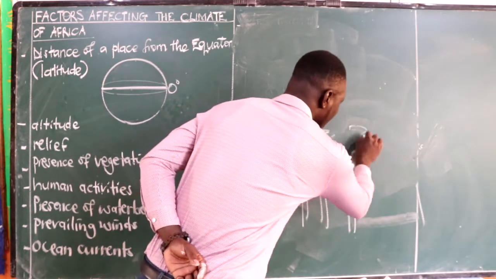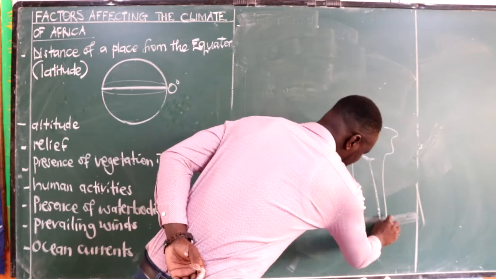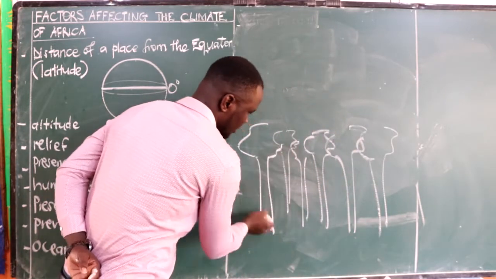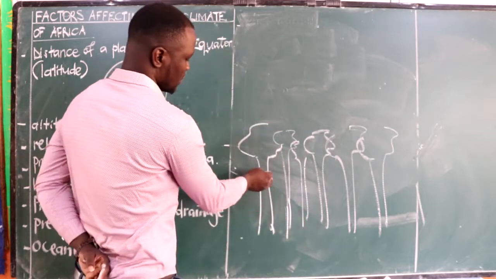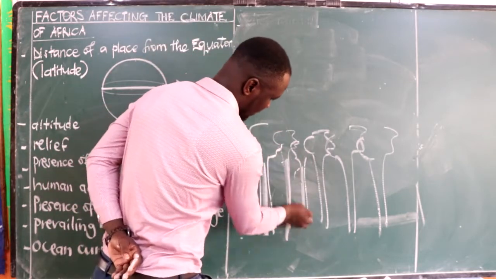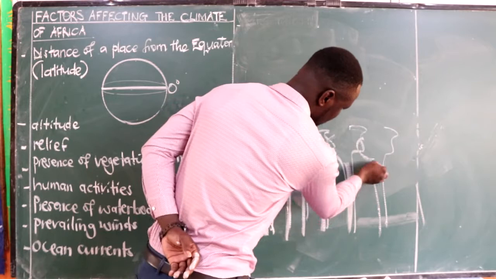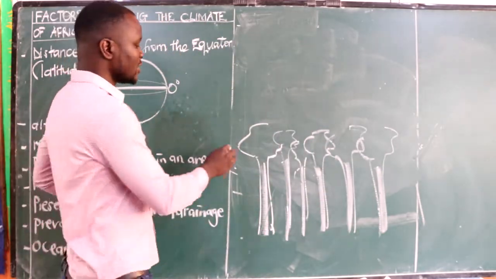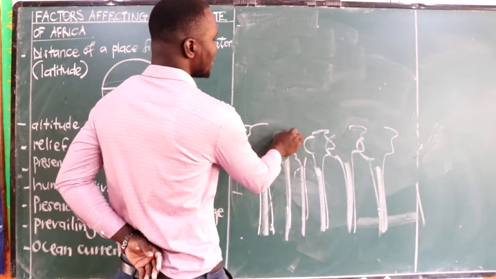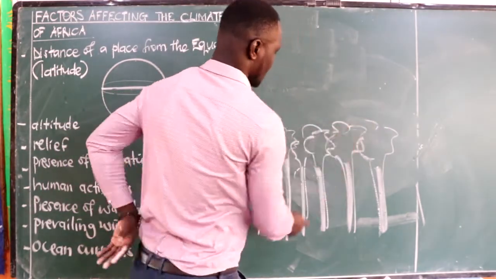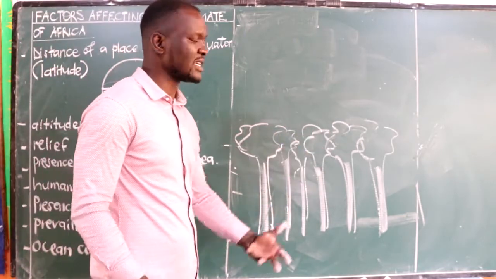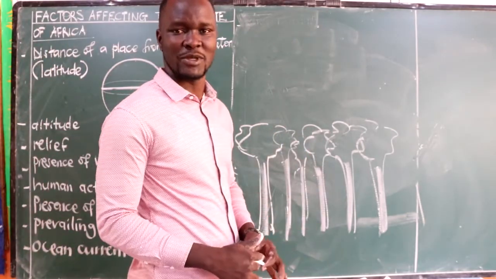For example, I have my thick forest here. As you can see, this is a very thick forest. We are going to look at how this forest helps to bring rain, and what happens such that at the end it can help to bring rain.